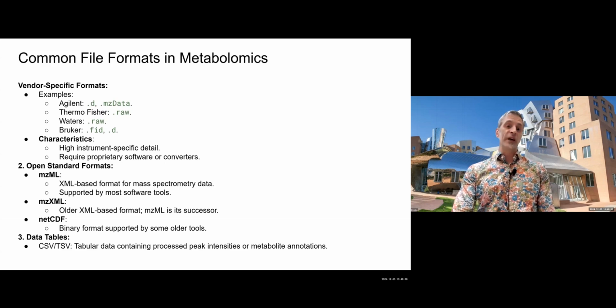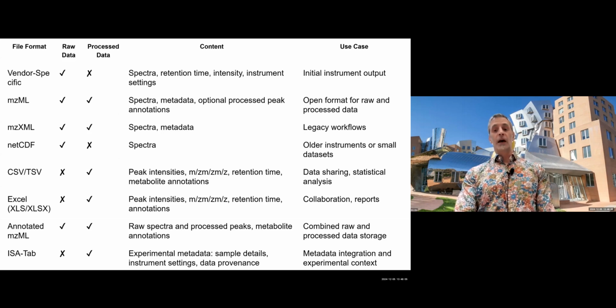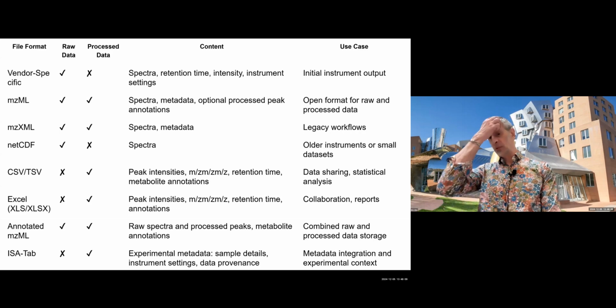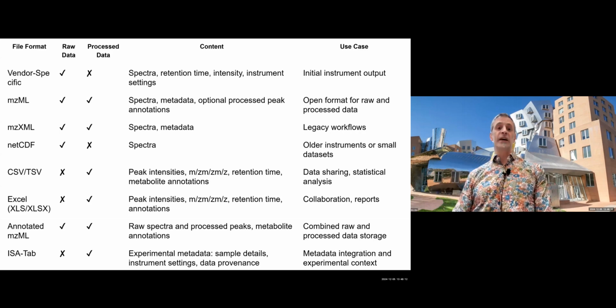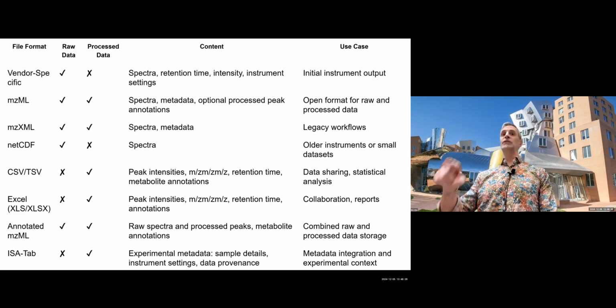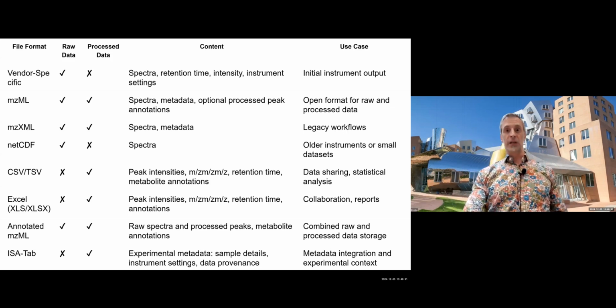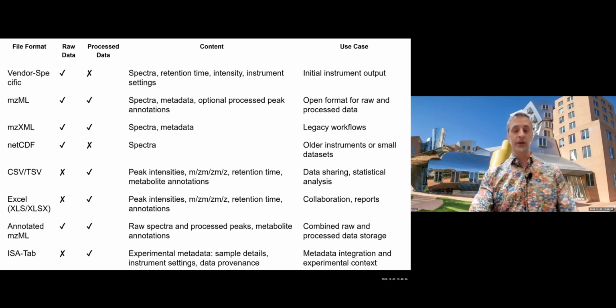A lot of people also use mzXML. Those are two fairly comprehensive, powerful formats for using these data, and they can basically both take in the raw spectra, but also the processed data. And the processed data would just be a list of, oh, here I had a peak with this intensity at this m/z. That would be processed, whereas the raw would just be all the counts, all the intensity.